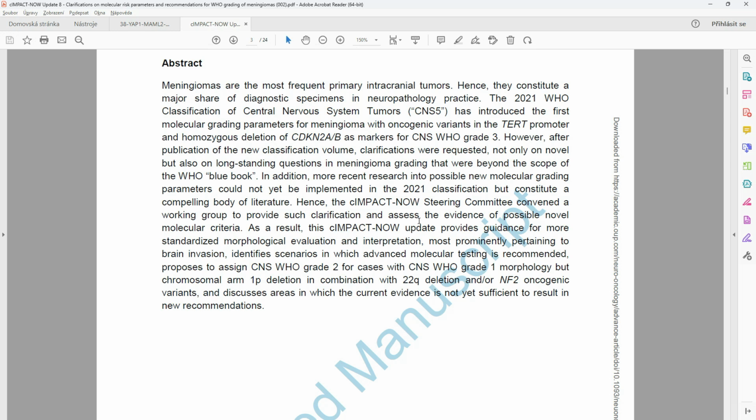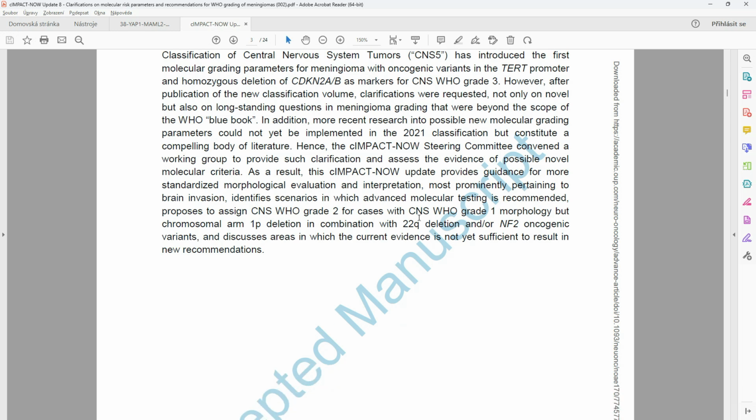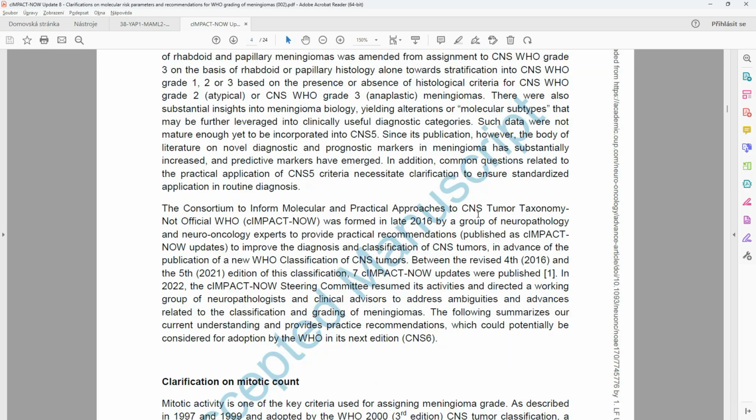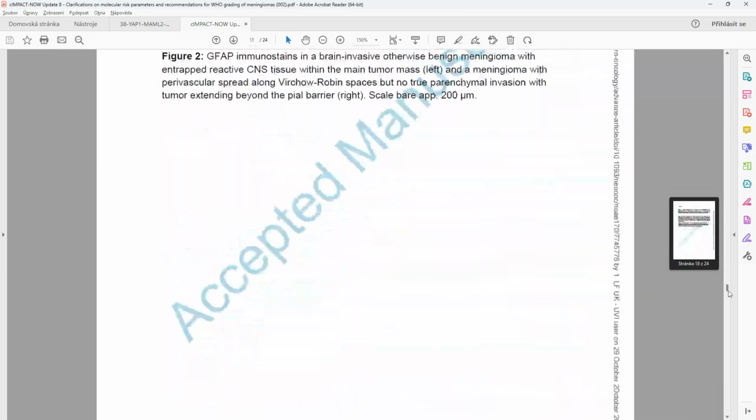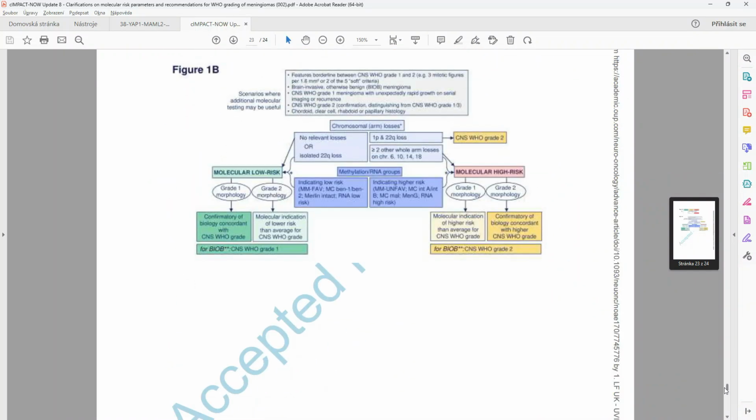And now we've got more precise criteria how to distinguish between grade 1, grade 2, and grade 3. And okay, the paper is still in press, so it's not a very nice PDF, but there is a scheme, not very nice. I redrew the algorithm.